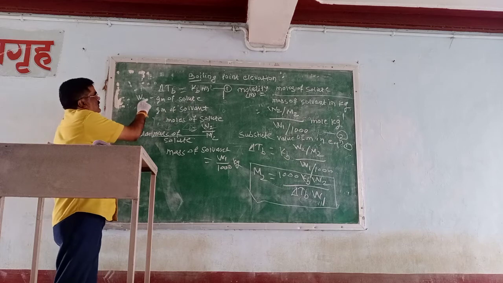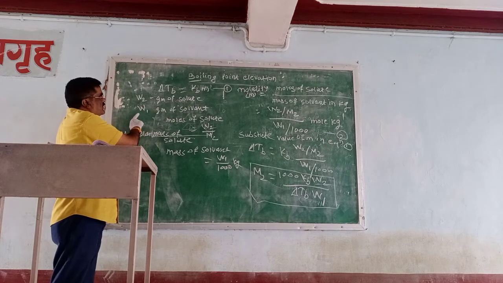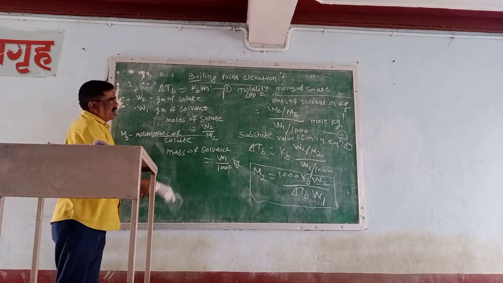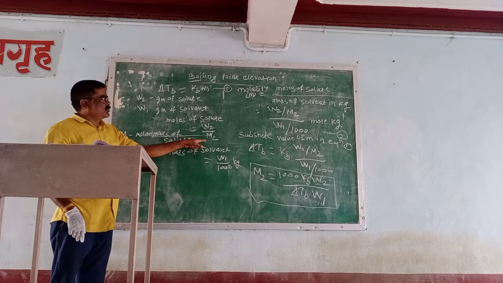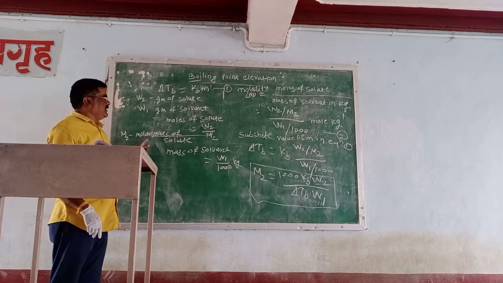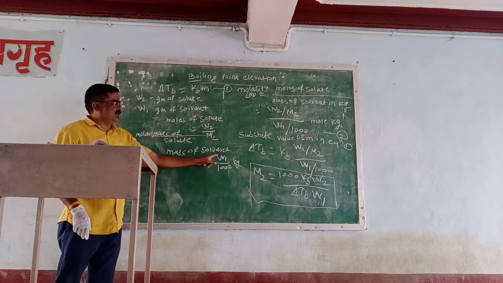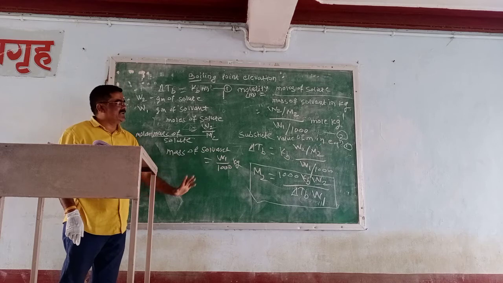Suppose W2 gram of the solute is dissolved in W1 gram of solvent. Then the number of moles of solute is W2 upon M2, where M2 is the molar mass of the solute. Then the mass of the solvent is W1 upon 1000 in kg.